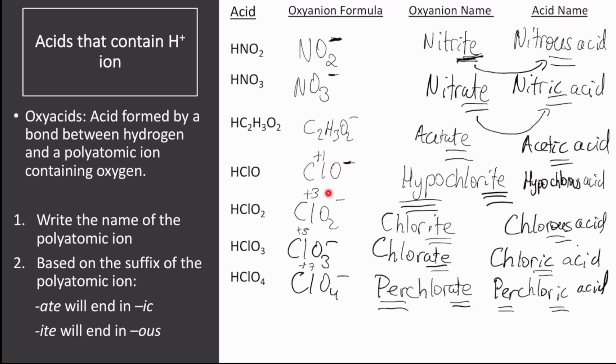For the lowest oxidation state, we use hypo, which means lowest, and then ite. For the second lowest, we use ite. For the third oxidation state, we use ate. And for the highest one, we use the prefix per, which means highest, and ate.